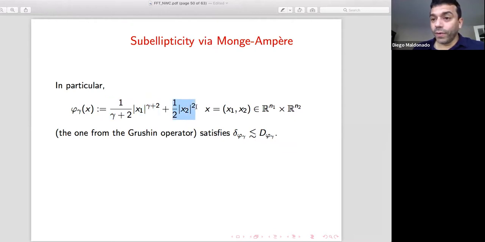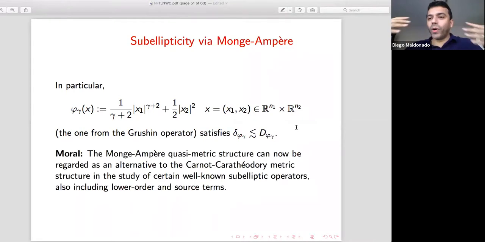So this has the property. This has the property, obviously. Then the tensor sum right here has the property, and the conclusion is that this is the phi from the Grushin operator. And then we do have the property for this tensor sum. And the moral of the story is that now this Monge-Ampère business can be thought of as an alternative in the study of this sub-elliptic operator.